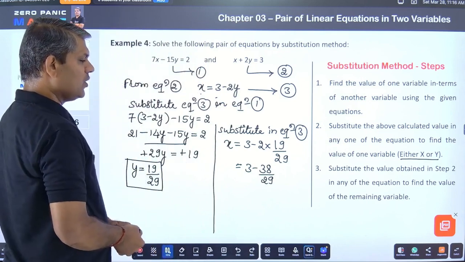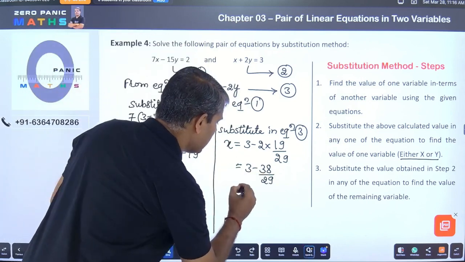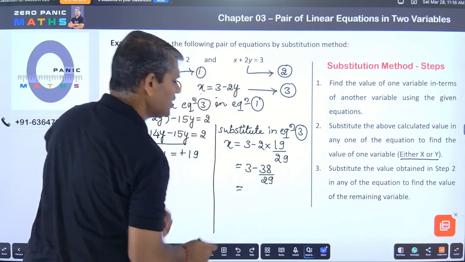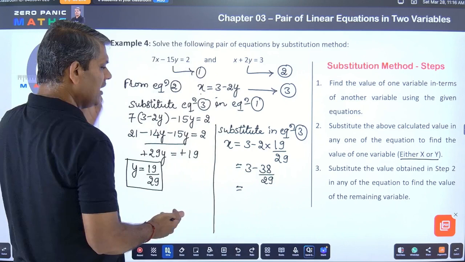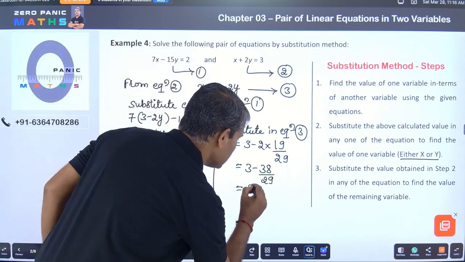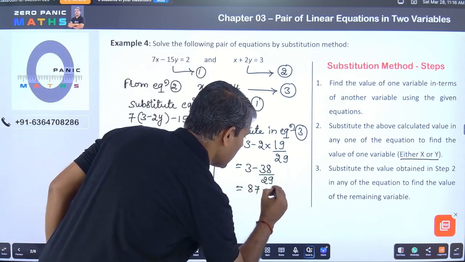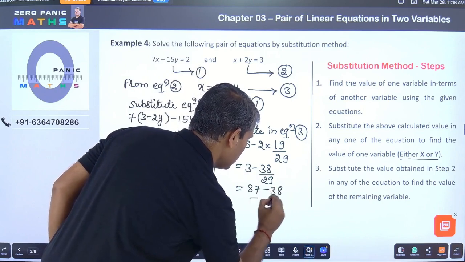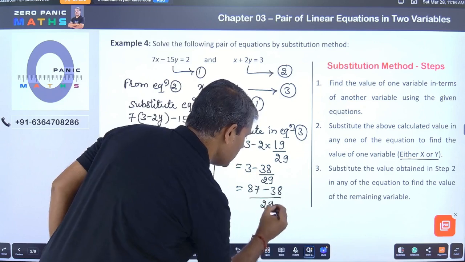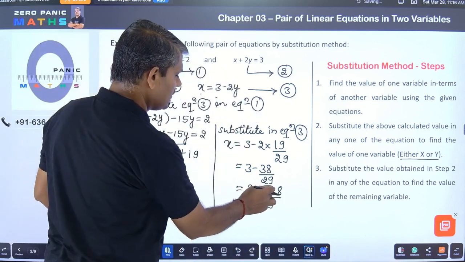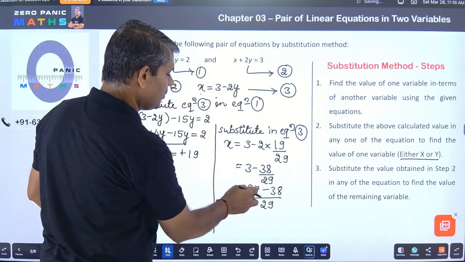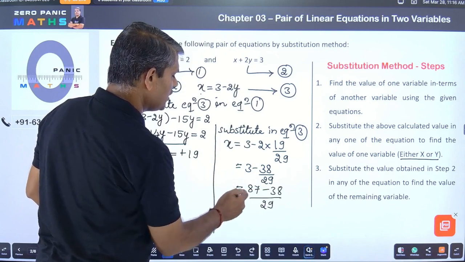Okay, so cross multiplication, 29 threes are 87, right? 87 minus 38 divided by 29. So what is 87 minus 38? 87 minus 30 is 57, minus 8 is 49.